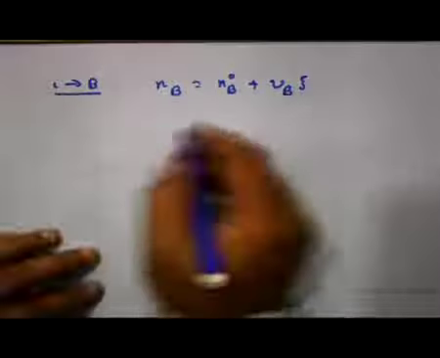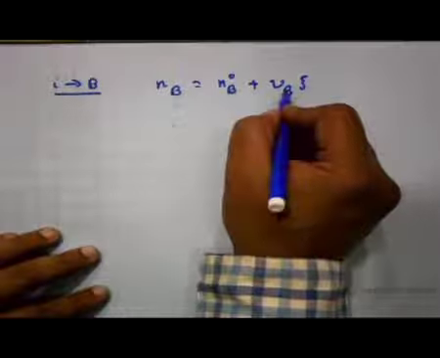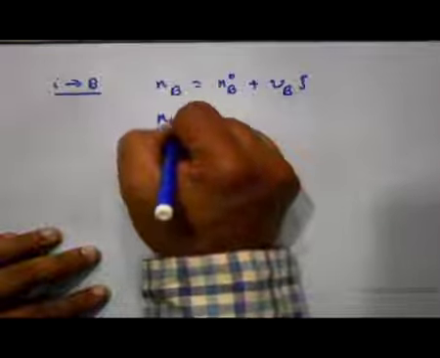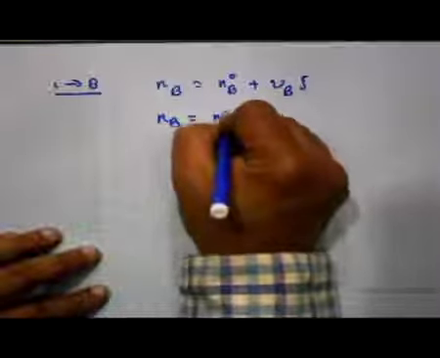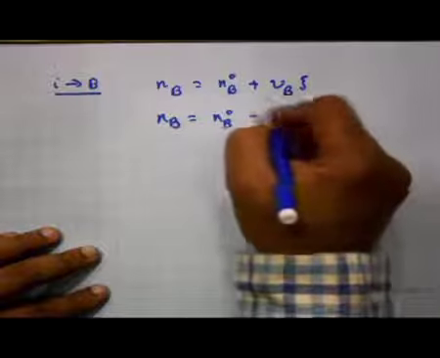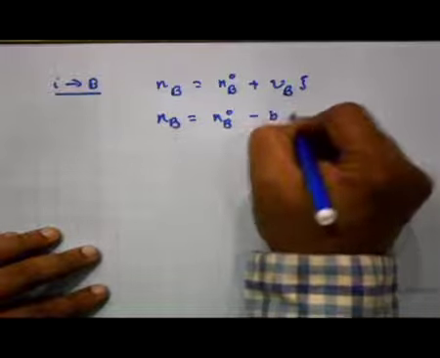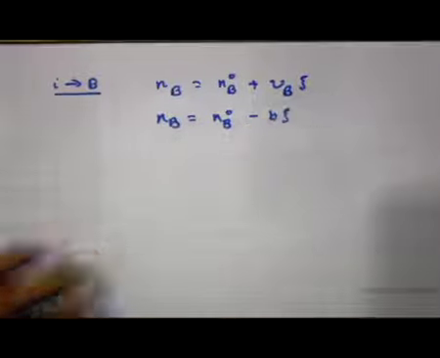Again nu B is negative, that means N B is N B naught minus B xi.